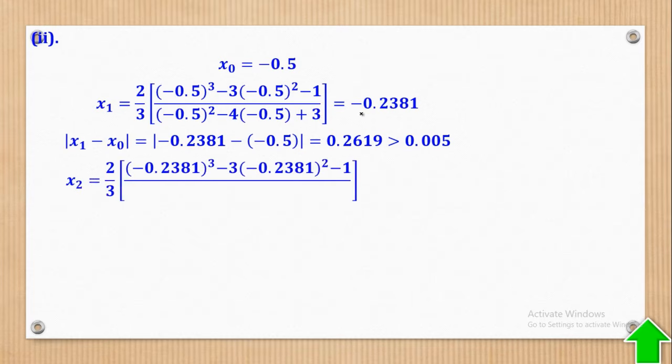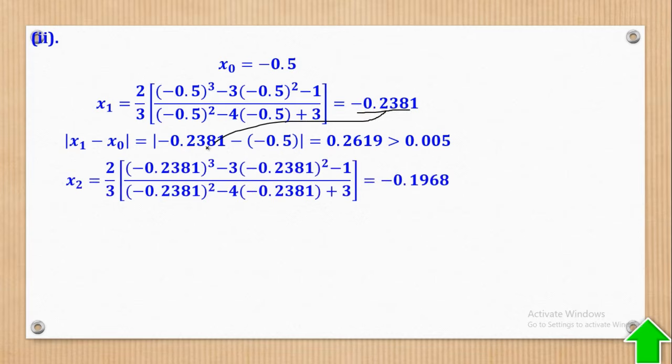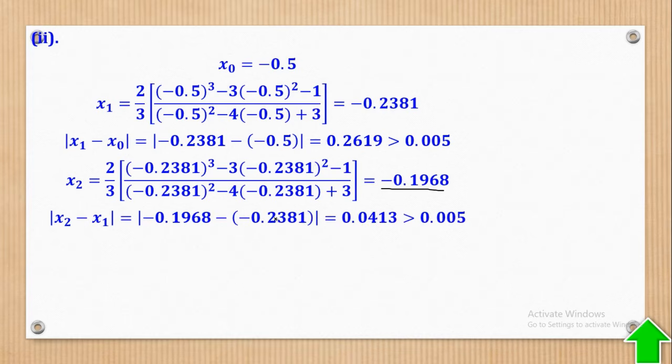So to get x2, you use x1 where there is x, and when you use the calculator, you'll come up with x2 as negative 0.1968. Then you also have to compare the difference between the two successive iterations with the tolerance, and this value will still be greater than the tolerance, meaning you have to proceed with the iteration.